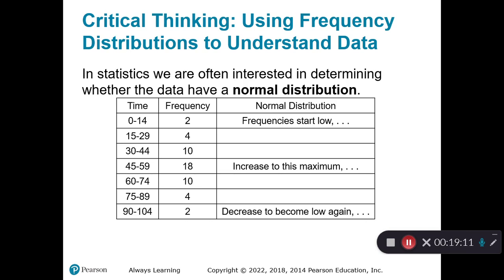And actually, I don't think this is the Los Angeles one because the numbers are a little different. They may have tweaked the numbers a little bit to show you more of a mirroring. But here's the pattern: low, increases to maximum, from maximum starts decreasing to low again. So there's a good chance that we can call this distribution normal.